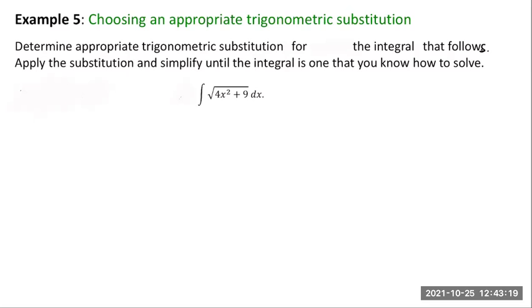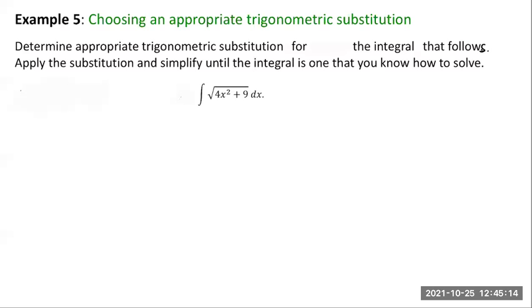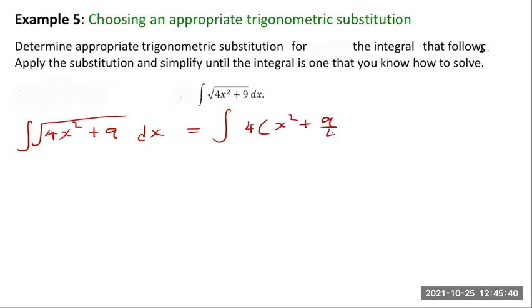Before I deal with that, let me take my integrand on a side and simplify it a little bit. So here is what I have. Let me take the full integral, the square root of 4x squared plus 9 dx. Here, I'm going to pull out 4. If I pull out 4 from this one, then you have 4 times x squared plus 9 over 4.